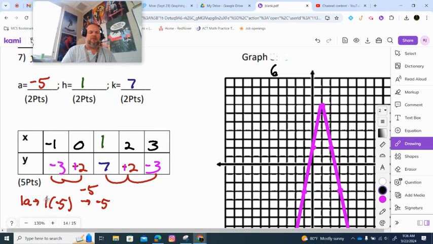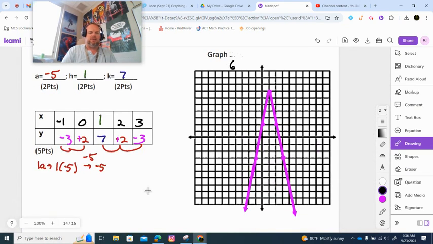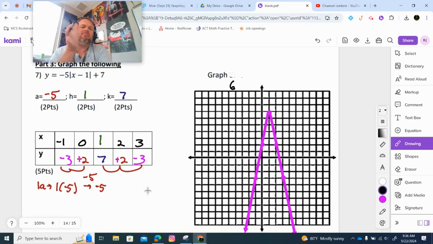But if you kind of look at this, technically there's 6 points. 2, 4, 6. There's 11 points in just setting this up. There's actually more points in setting this up than there is graphing it. Hmm.